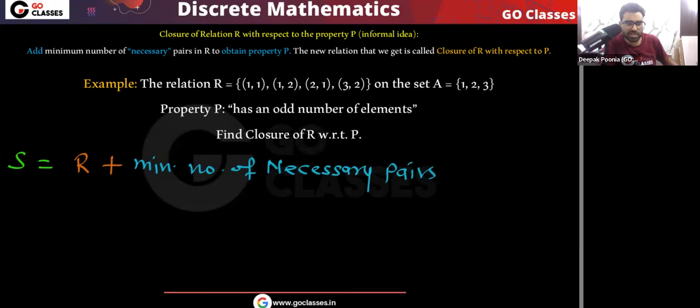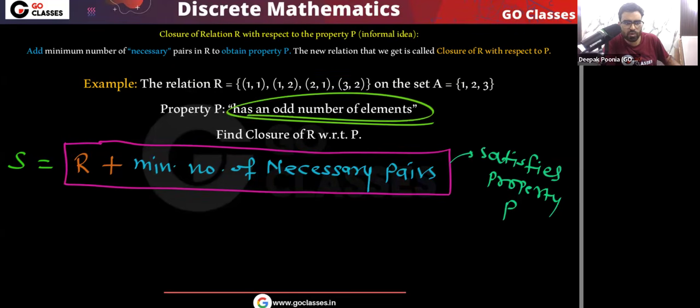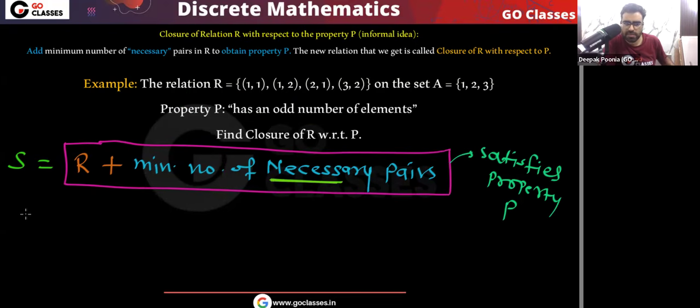The minimum number of necessary pairs I need to add so that this new relation satisfies property P. Now, you know that to satisfy this property P, that is having an odd number of elements, and this relation R contains an even number of elements. So, how many minimum pairs do I need to add? One pair. But which pair is necessary?